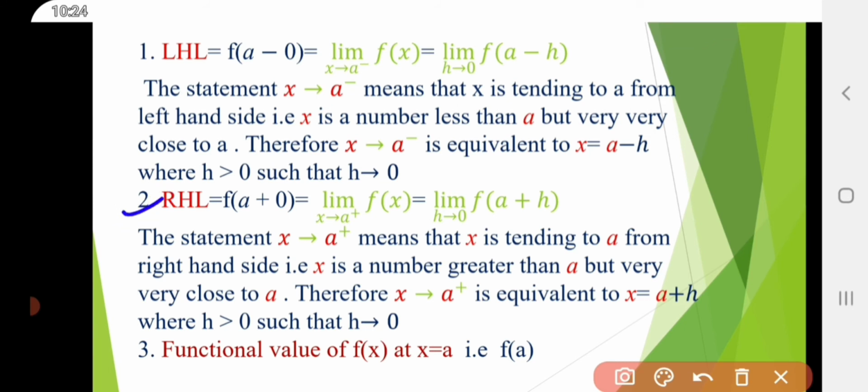Right hand limit can be written as this or this or this.